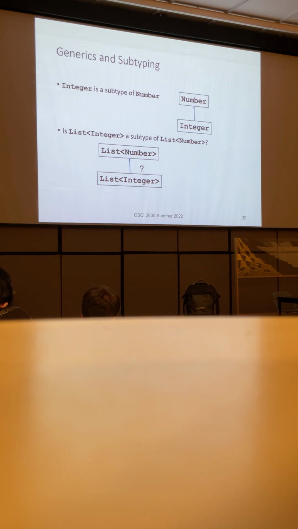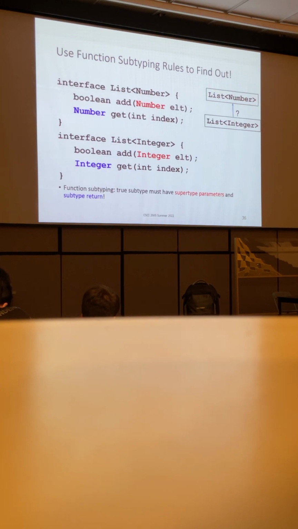And we can look at an example that shows exactly this, right? So if we just imagine their list of numbers as a separate type, list number and list integer, right? And then when we have add method, the type parameter becomes number here, and the return type of get is number here. And instantiate with an integer, add method takes an integer, get method returns an integer, right?